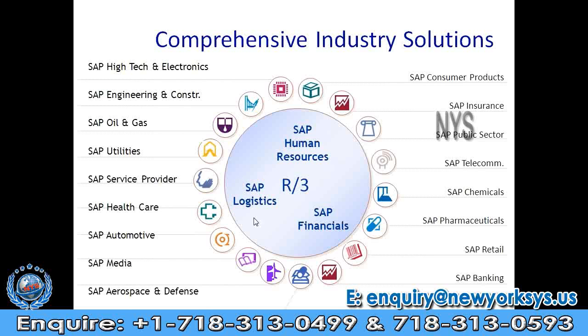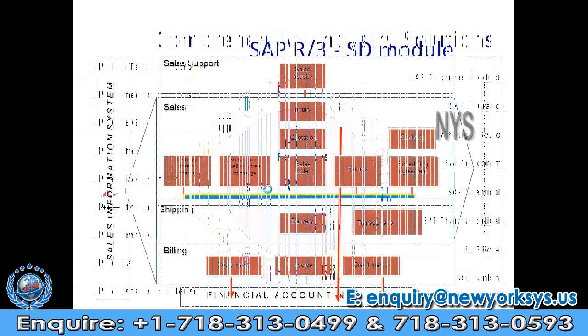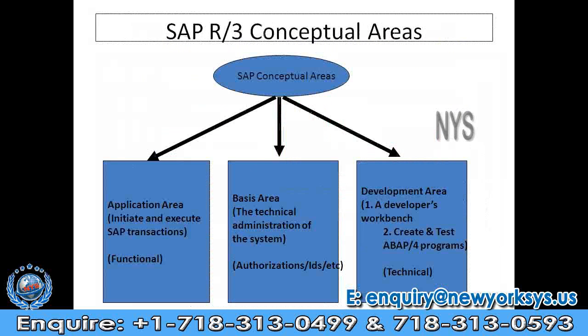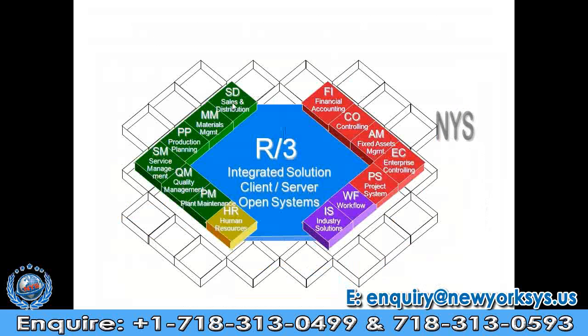So what I said, I'm going to focus on this logistics, for example. And if you go inside logistics, these green things are becoming part of the logistics area. SD, MM, PP, SM, service management, QM, quality management, PM meaning plant maintenance.